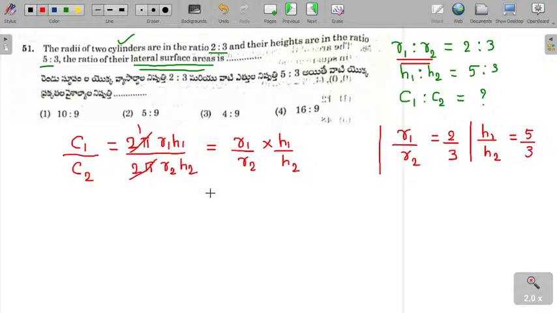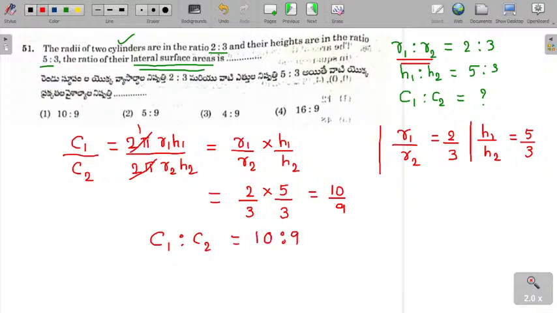So we have R1 by R2, 2/3, multiplied with H1 by H2, 5/3. You will get 2 fives are 10, 3 threes are 9. So 10 upon 9. Therefore the required ratio C1 is to C2 is equal to 10 is to 9. So the first option is the right option.